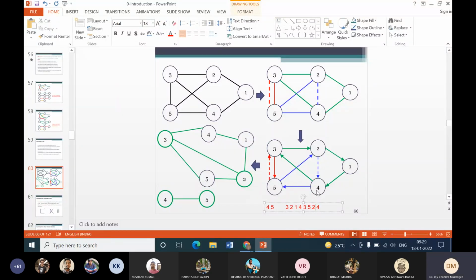Again, this 2, 4 is not important. So basically I get two non-closed trails. The first trail is 4, 5 and the second trail starts from 3 and ends at 2.